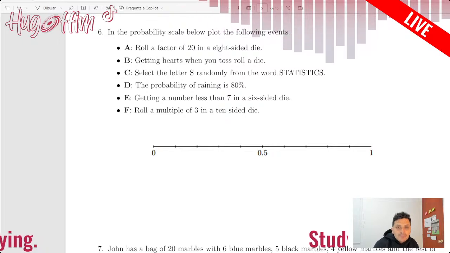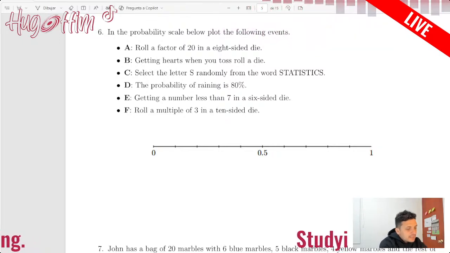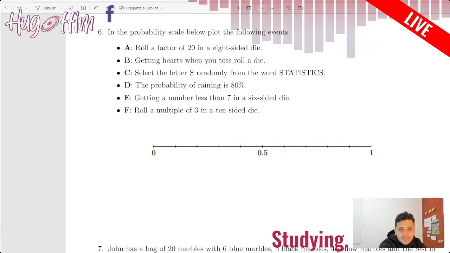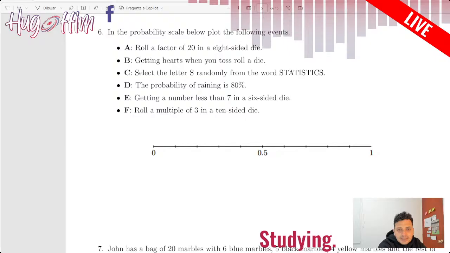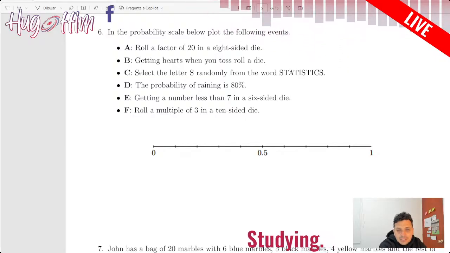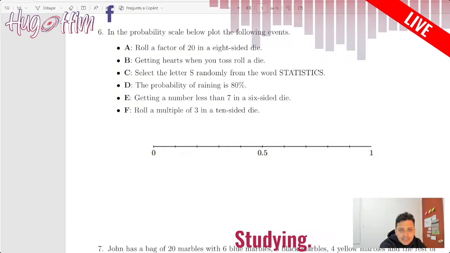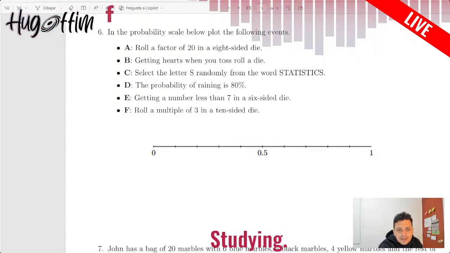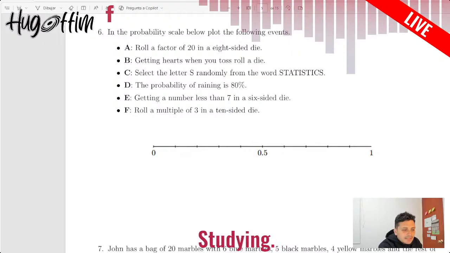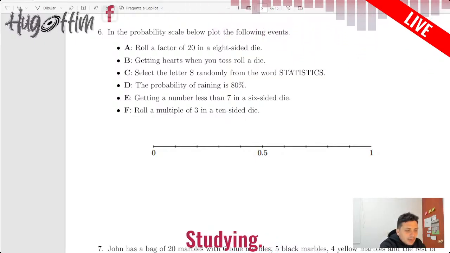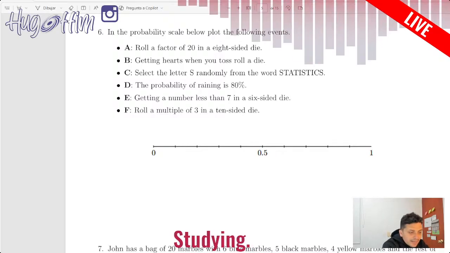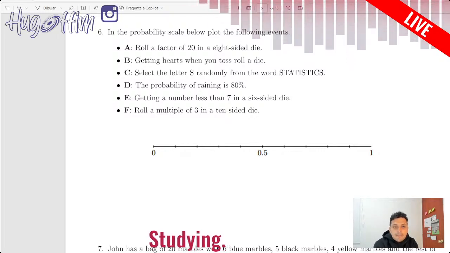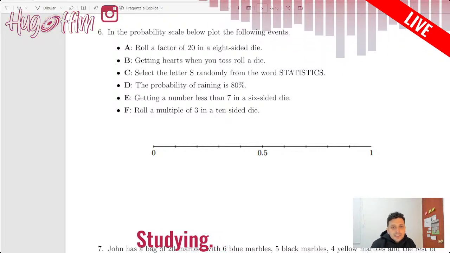Roll a factor of 20 in an 8-sided die, getting hearts when you roll a die, select a letter S randomly from the word statistics, the probability of raining is 80%, getting a number less than 7 in a 6-sided die, roll a multiple of 3 in a 10-sided die. So we're going to start talking about how to do it in the scale of probability.